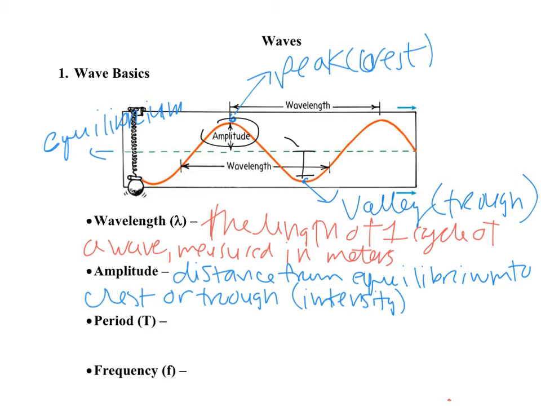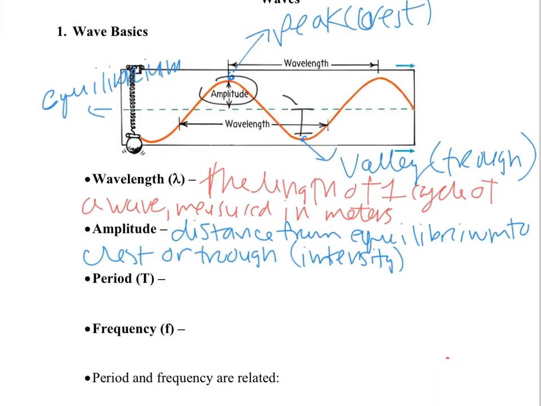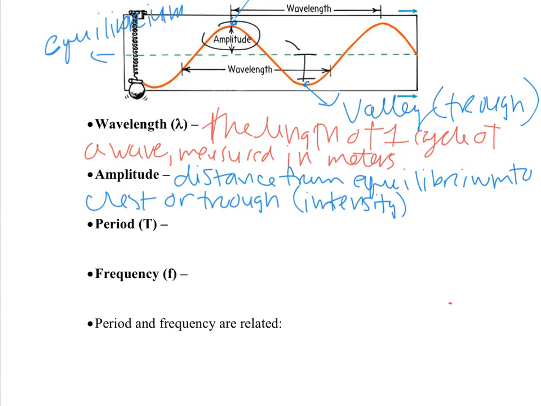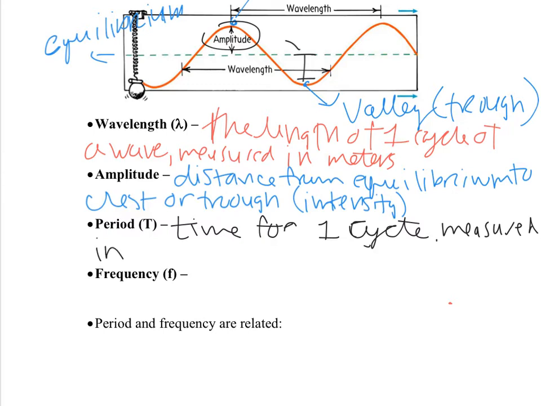Period and frequency we have seen before when we were dealing with circular motion. So period is the time for one cycle. Unit is T, it's measured in seconds. So you've seen T before when we did circular motion.